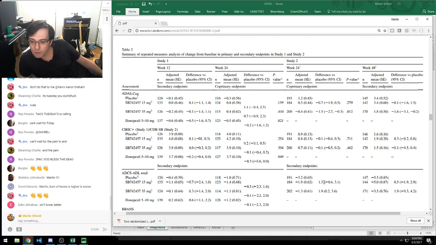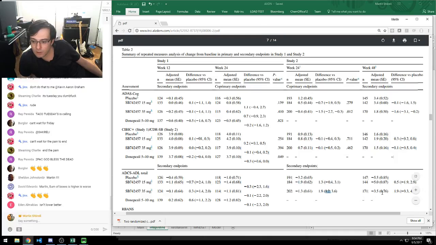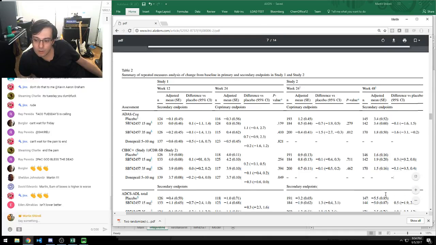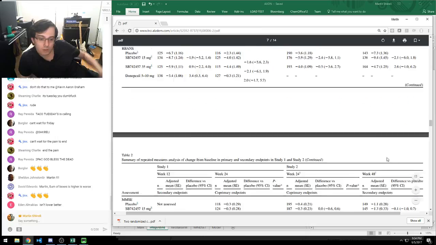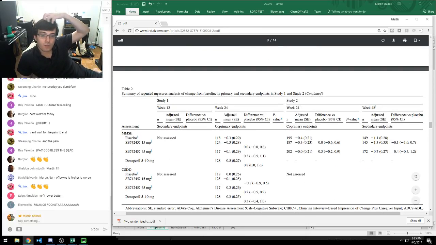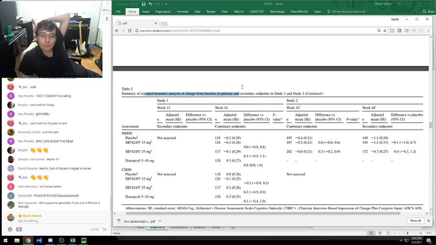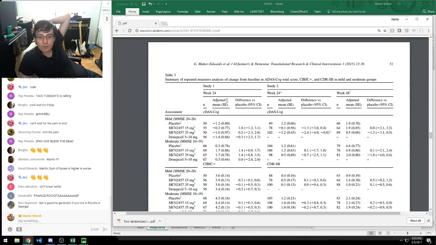And then here, you can definitely see the drug doing better than placebo. There's a repeated analysis change you can do. And that's a way to sort of measure the study over time.